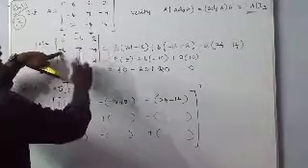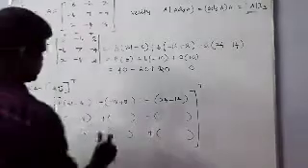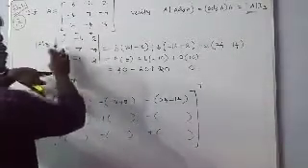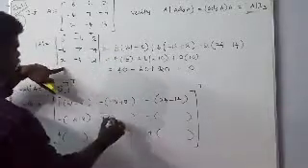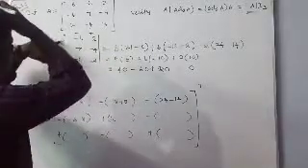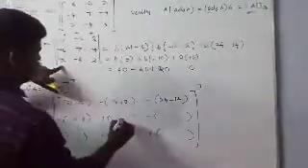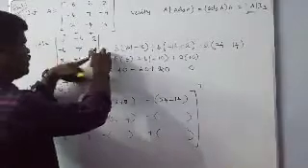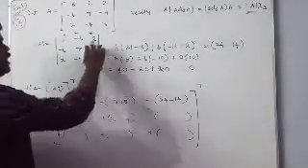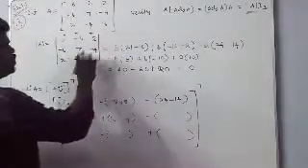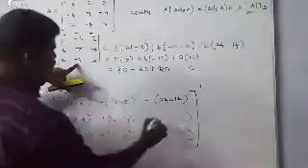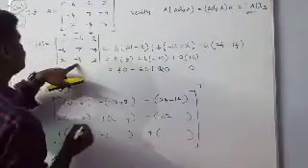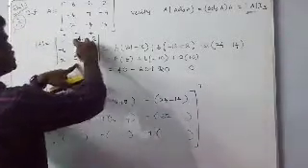Minus 18 plus 8, and this term plus, leave this column and this row, 21 minus 4. And leave this element, that means cofactor of this element, leave this row, this column and this row. What is the value? Minus 32 and plus 12.